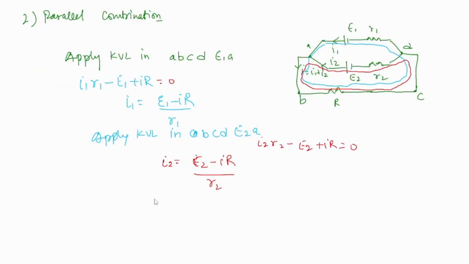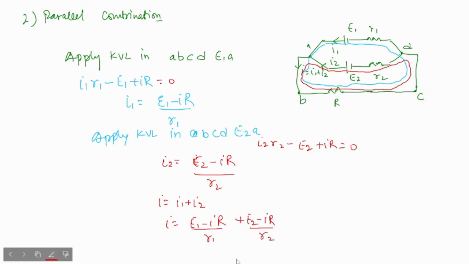Now you know I is equal to I1 plus I2. So I is equal to E1 minus I into R upon r1, plus E2 minus I into R upon r2. So it will be I into 1 plus R upon r1 plus R upon r2, taking this to this side too, equals E1 by r1 plus E2 by r2.